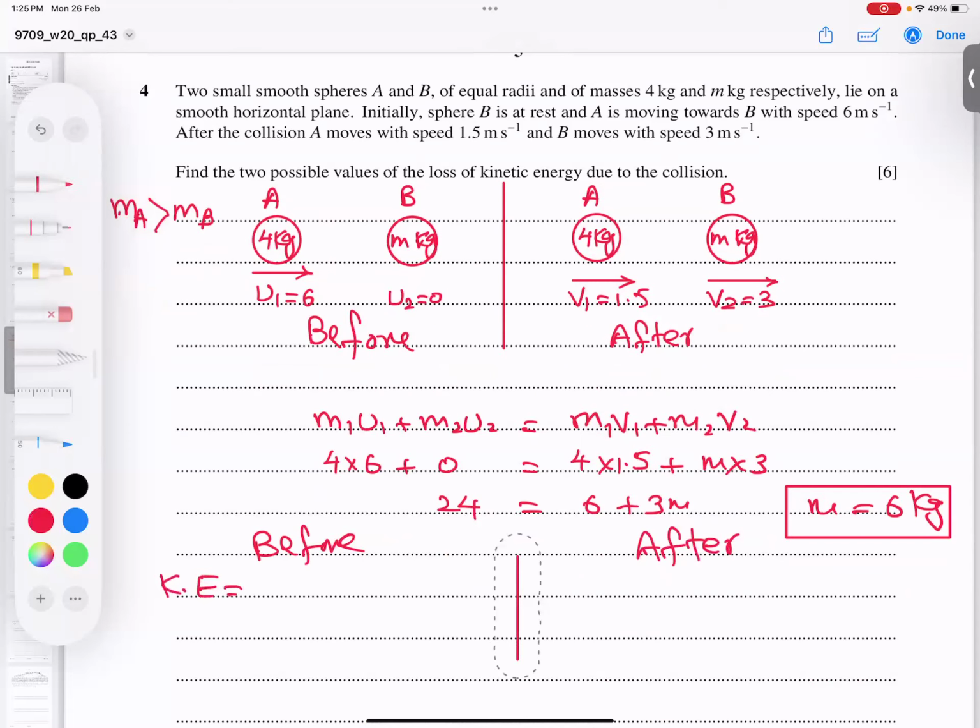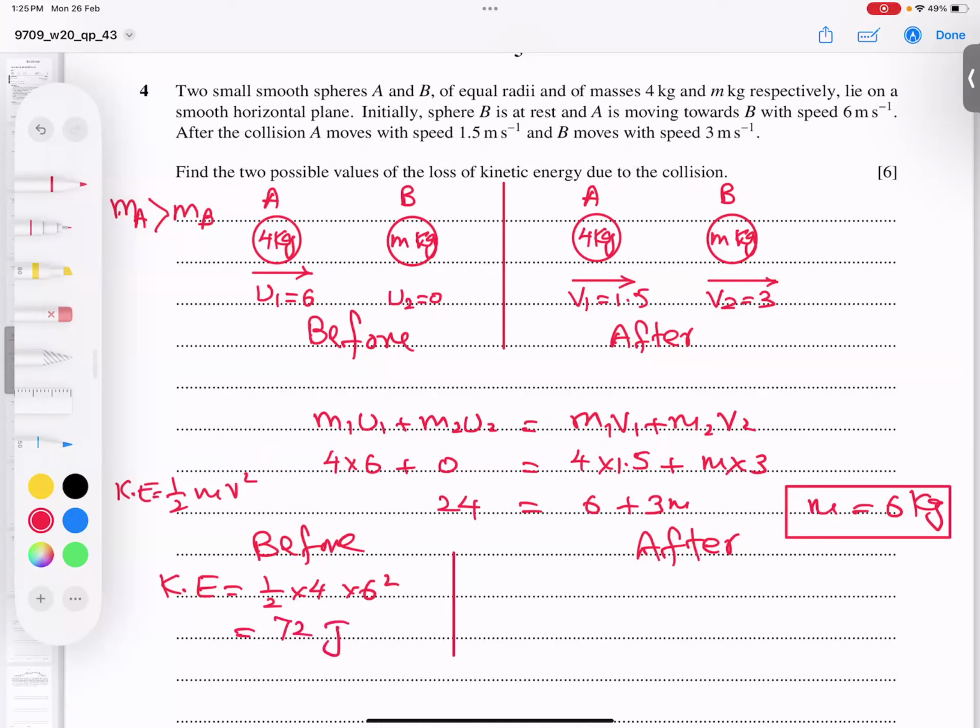The kinetic energy before is very clear, because the formula for kinetic energy is half mv squared. The mass is 4 and the speed is 6. So half into 4 into 36, that gives us 72 joules.